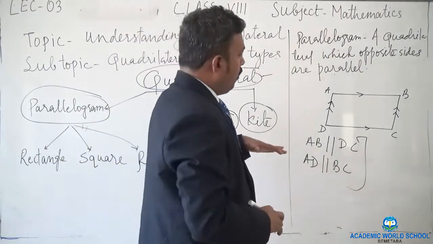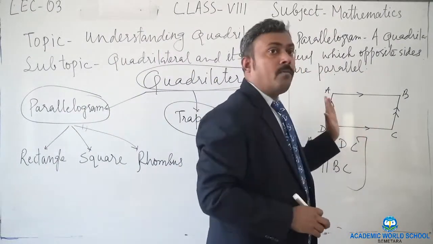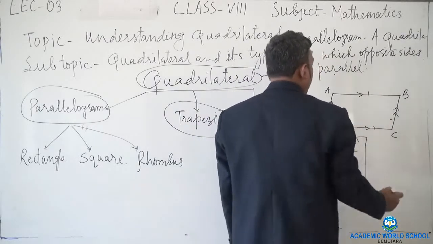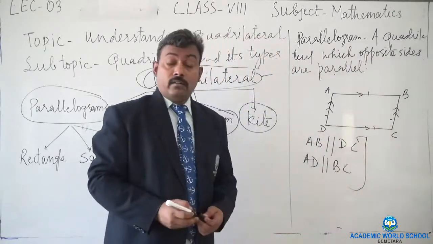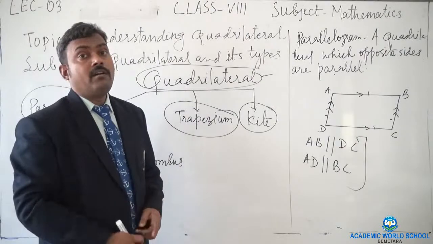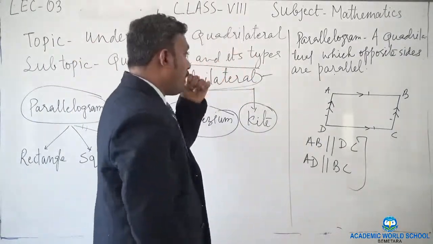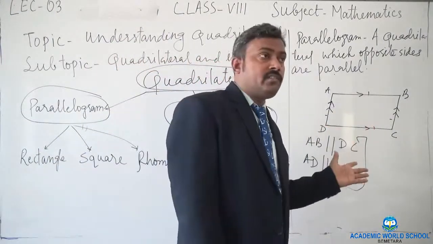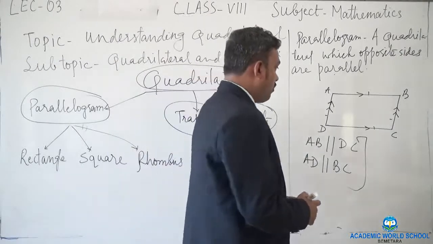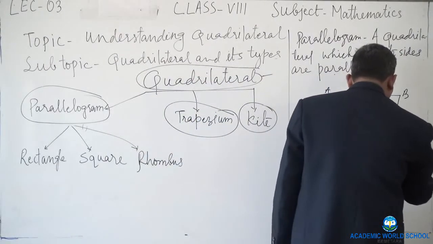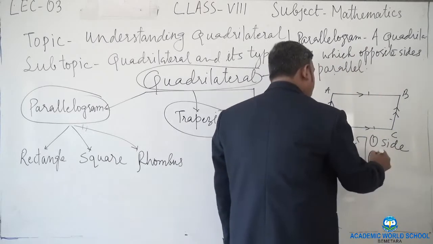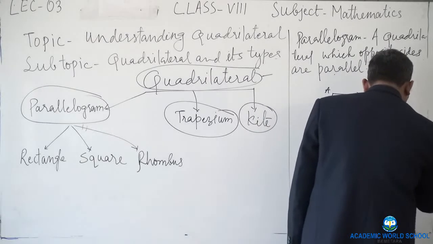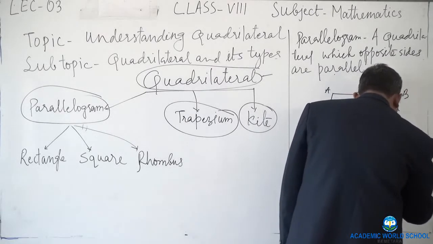Then see that there are various components of the parallelogram. The first component is the side, then the next component is the angle, and then the next component is the diagonal. So we will see 3 various properties on the basis of these 3 components: property related to sides, property related to angles, and property related to diagonals.